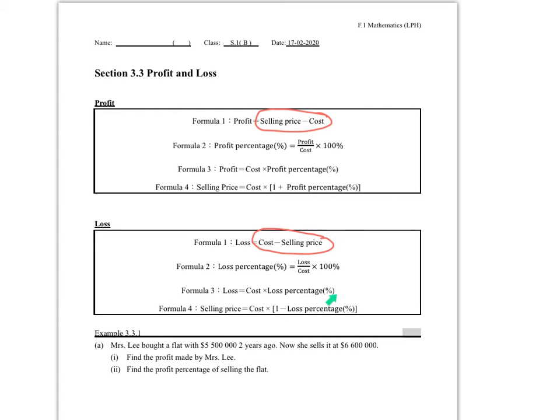Formula 3 can be derived from Formula 2 by transposing term. And then the last thing, for Formula 4, remember, for finding the selling price, for the profit case, it is the positive sign and for the loss case, it is the minus sign.